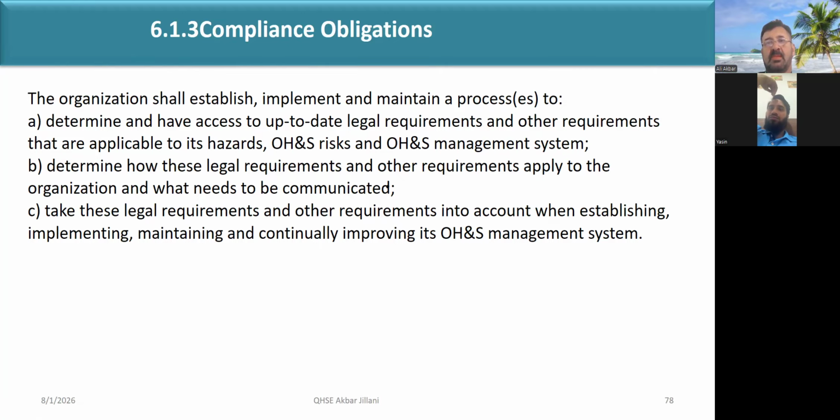Because when we consider ADOSH SF, it is also a very rich document. It has a lot of COPs, like 54 COPs and sub-COPs, so more than 62 COPs are there.